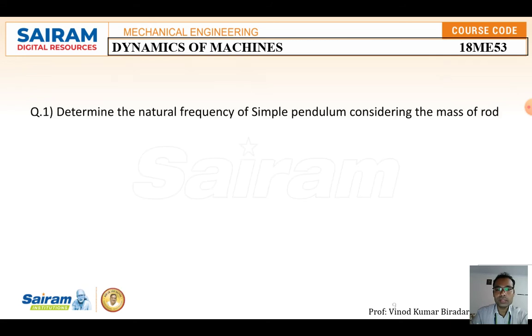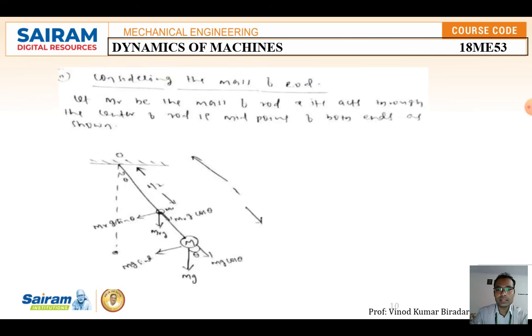The length from O to the mass of the bob is L. Here they are asking to consider the mass of the rod, so you just assume one more mass at the middle of the rod. This middle mass we are going to consider because they are considering the mass of the rod. The exact middle means the length is L by 2, since the total length is L, so this is half of that.